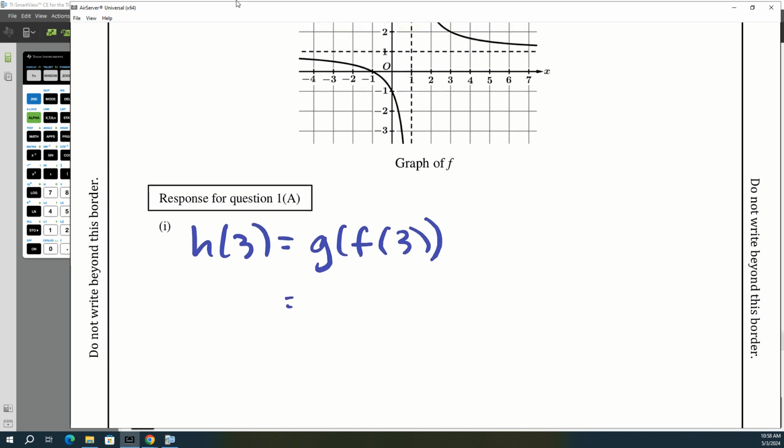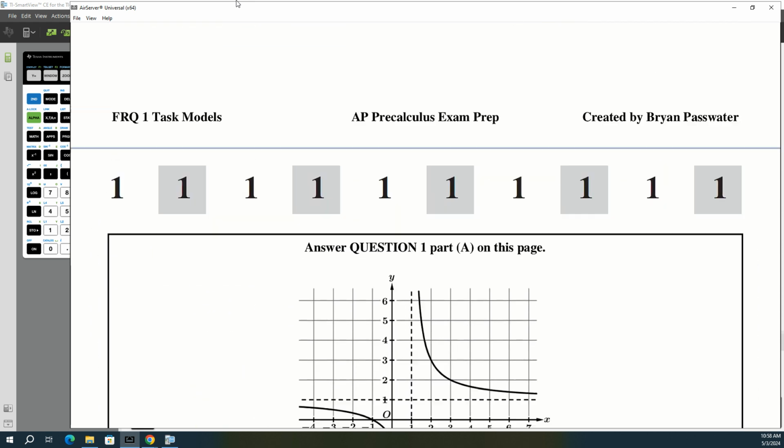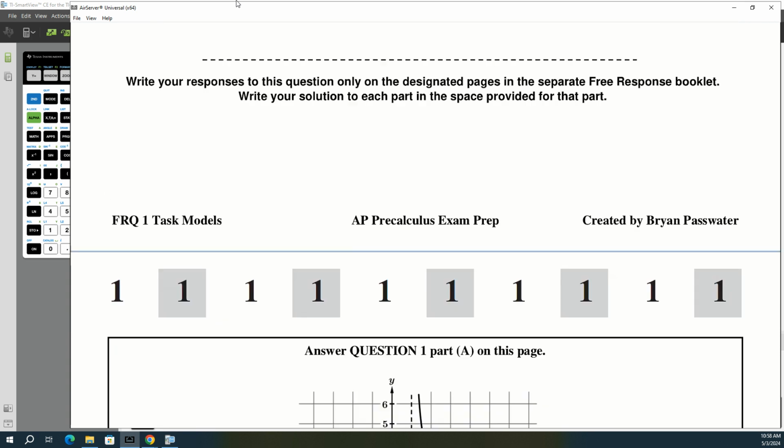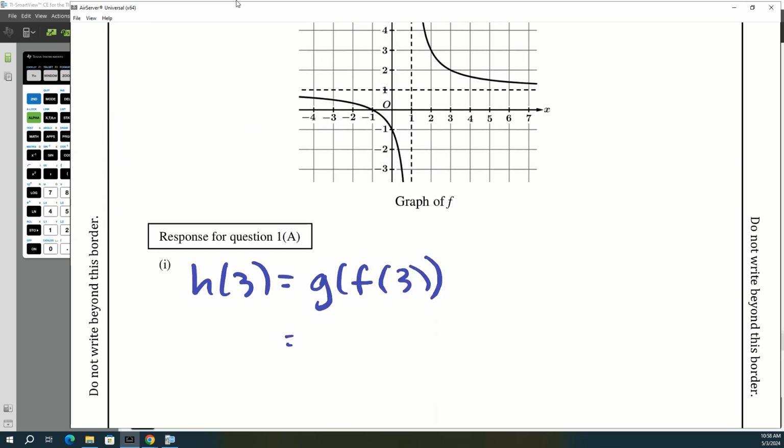All right, so it does tell you some extra information on this one about some points on the graph. I feel like you can also tell those from the graph, but whatever. So you guys do g of f of 3 on your own, if you haven't already, please.